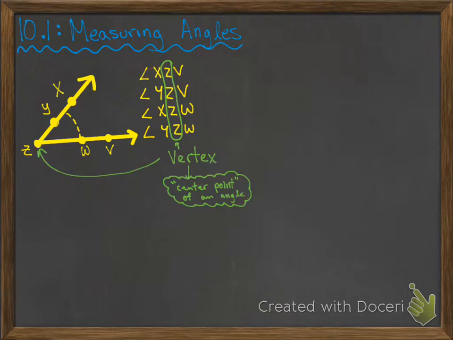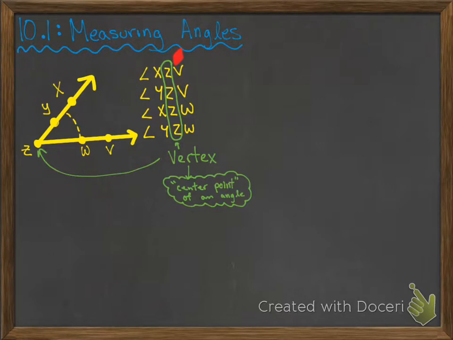The second point is always the vertex. And then the third point is a point on the line that's part of the angle but wasn't that first line. So if this was my first line, then my second line would be this one. Okay, so that's how we name angles, and that's important because that helps us identify what angles we're talking about.